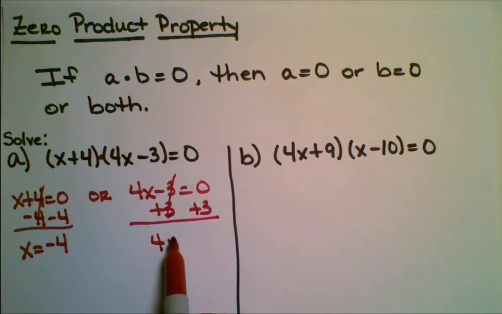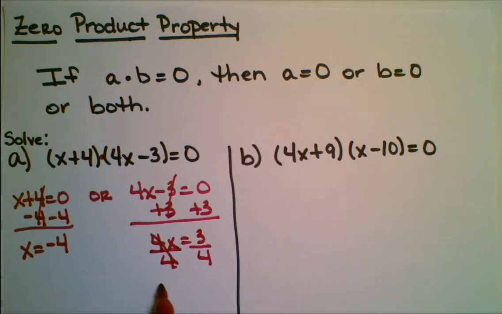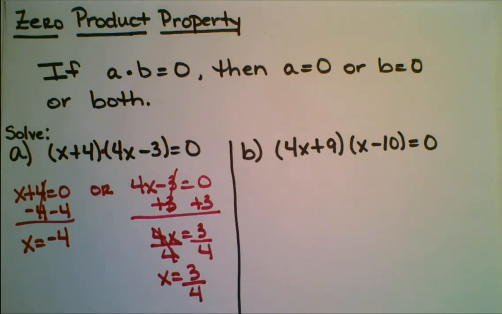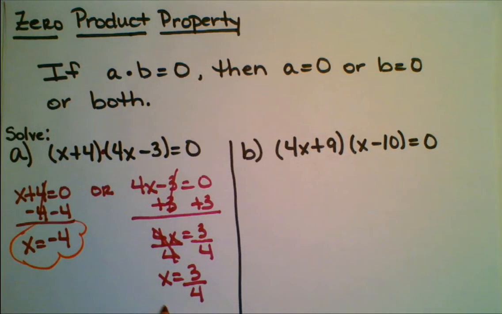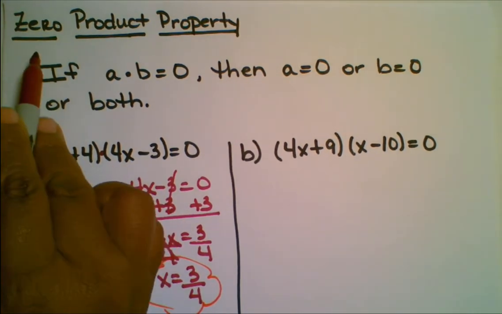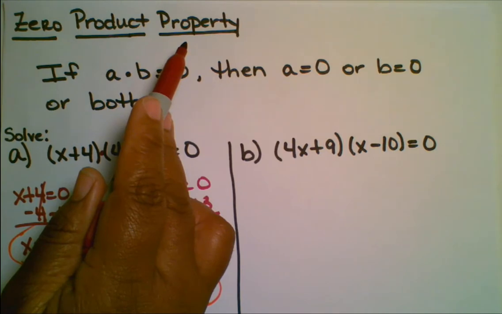We have 4x is equal to 3. Divide by 4, and we have x is equal to 3/4. So our solutions for this equation are -4 and 3/4. This is using the zero product property.